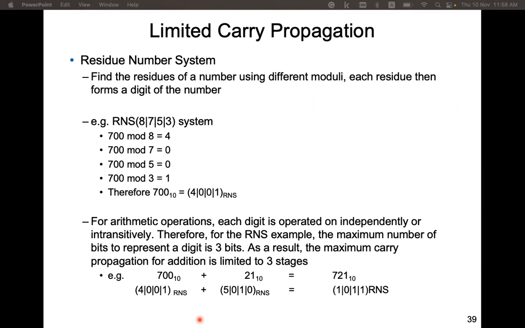Right, these positions are arbitrary. You can put 8, 7, 5, 3 in this way, or you can swap it, as long as you are clear that this position corresponds to a modulus of, say, 3 or 5. So there's nothing of carry propagation. That's the key concept that people wanted to explore in order to improve the speed of an adder.